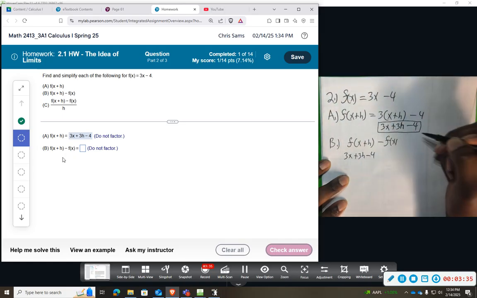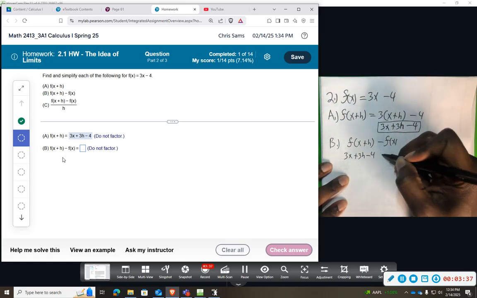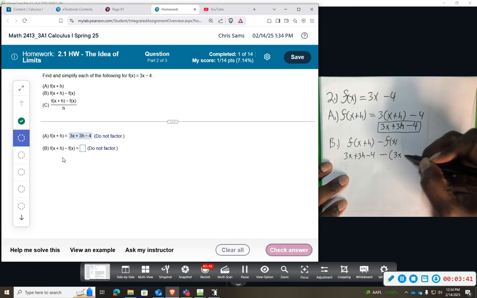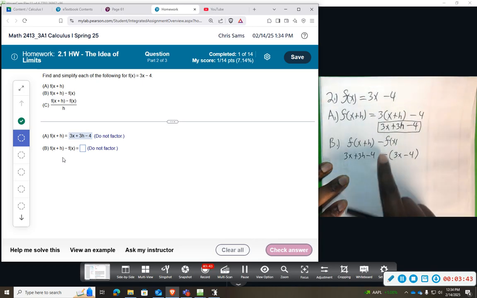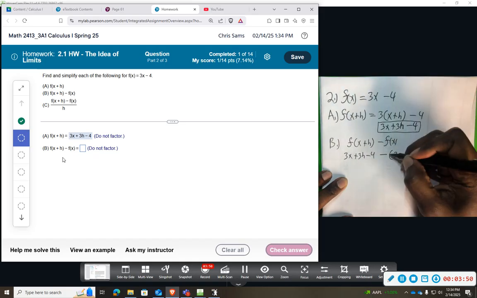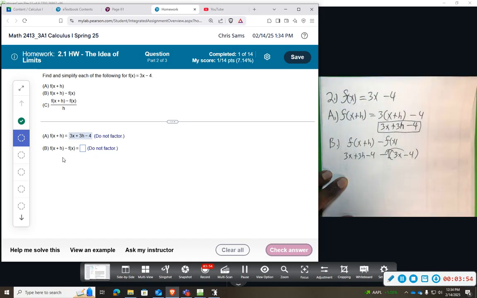This is the f of x plus h part, minus f of x. So the f of x is the 3x minus 4. Now get used to whenever something comes behind a minus, put it in parentheses, because this minus is actually affecting both terms. Think about this as a -1 being distributed to both terms.